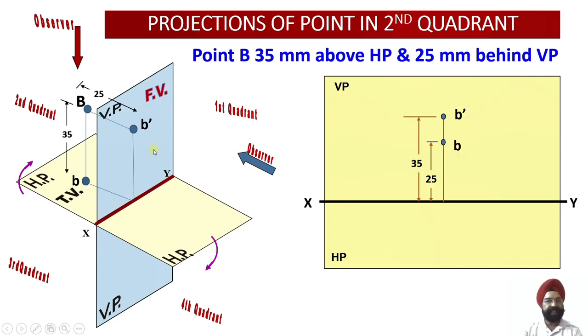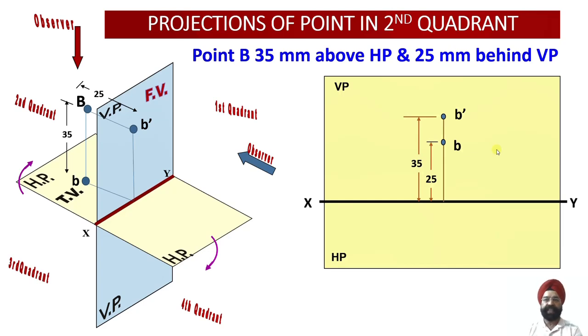But in this case, the front view happens to lie 35 mm above the XY line, and the top view, because it was 25 mm behind VP, once you rotate it upwards, lies 25 mm above the XY line. So here the crux of the situation is that both the projections will be obtained above the XY line.